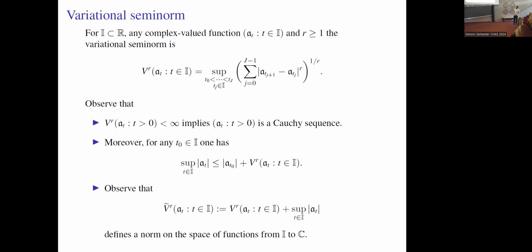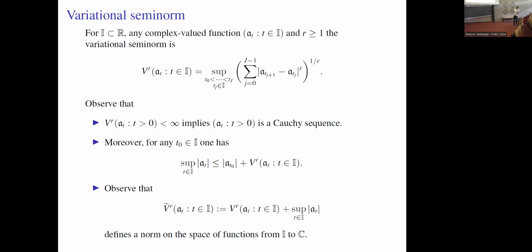And on the other hand, what is important here is that this is a seminorm, in the sense that it's possible that this object is 0, even though a_t is non-zero, right? But this situation can happen only if the sequence is constant. So to avoid this problem, if we want, we can redefine the variational seminorm and add the supremum.